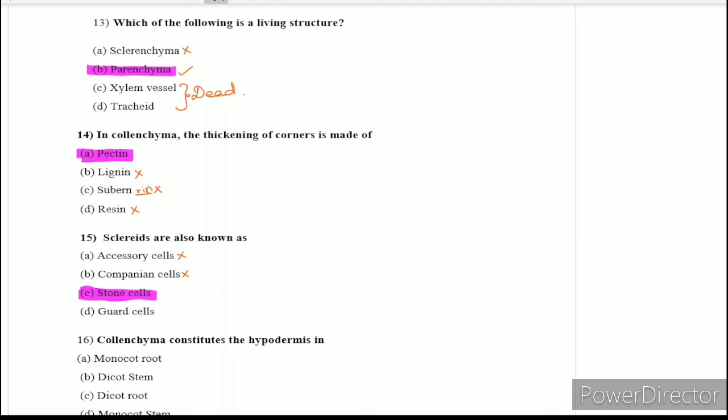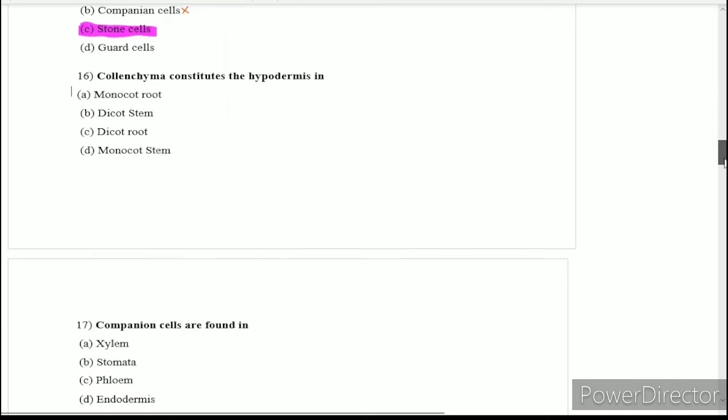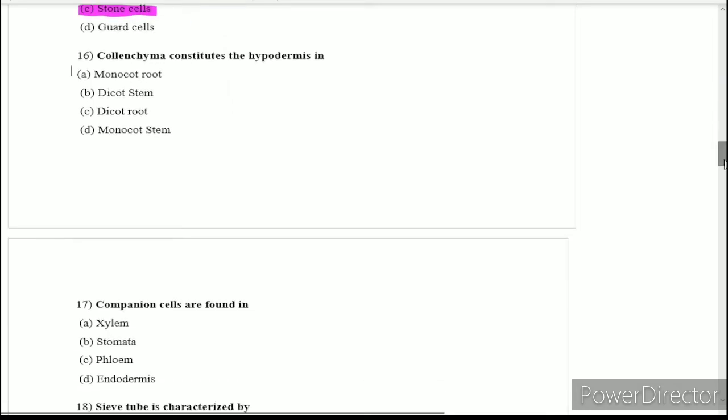Next, collenchyma constitutes the hypodermis in option A, monocot root. Option B, dicot stem. Option C, dicot root.